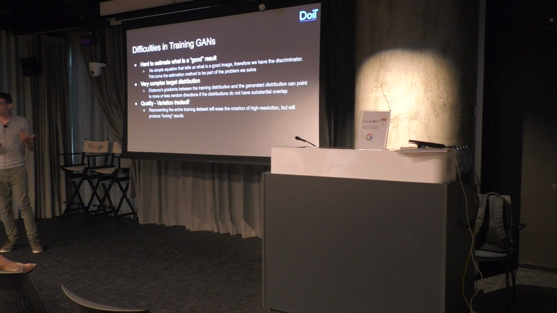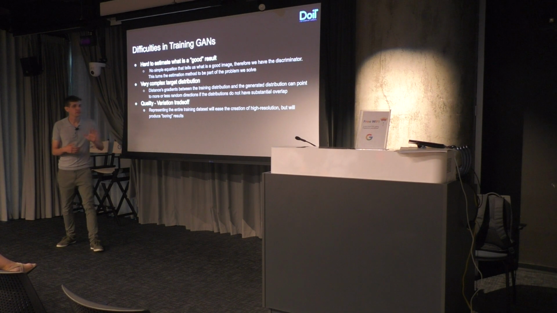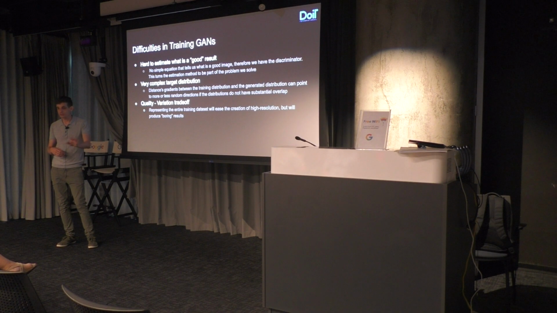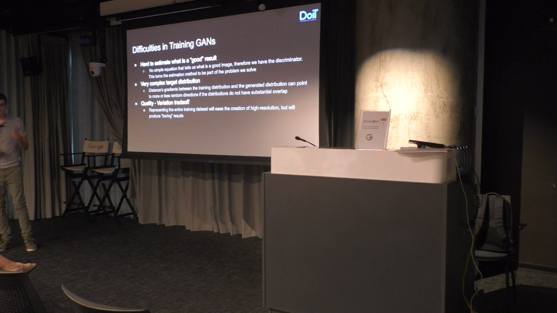Because no matter what the generator is generating, the discriminator is always telling it, no, I can figure it out pretty easily, this is all fake. So it means that no matter what you're changing, you get the same result, the gradients are 0.